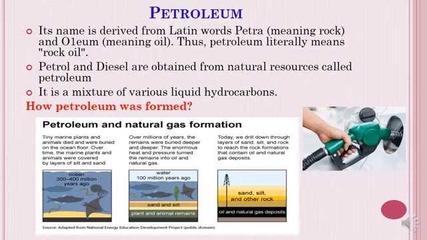Over millions of years, the layers of sand, silt, and clay became very thick and the remains buried deeper and deeper. In the absence of air, enormous heat and pressure from these layers slowly changed the dead remains into petroleum and natural gas.